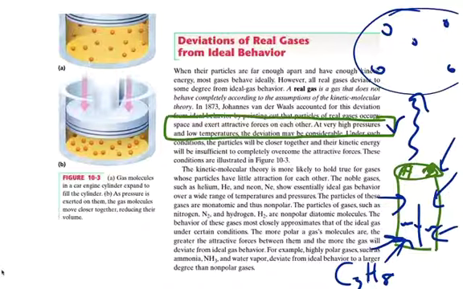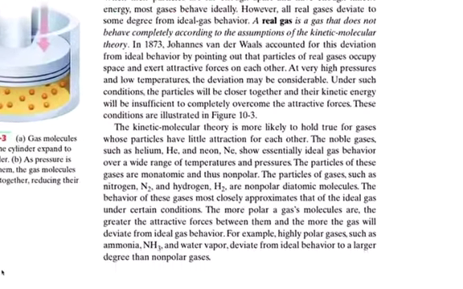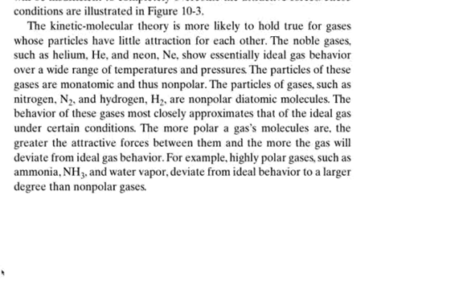Another caveat to this is that kinetic molecular theory is more likely to hold true for gases that don't have any type of dipoles. So if we're talking about helium, neon, they're going to be more ideal. But if we get into polar gases, like ammonia, or water vapor, they're going to deviate more from ideal gas behavior because they have polarity, so they're going to stick together more.